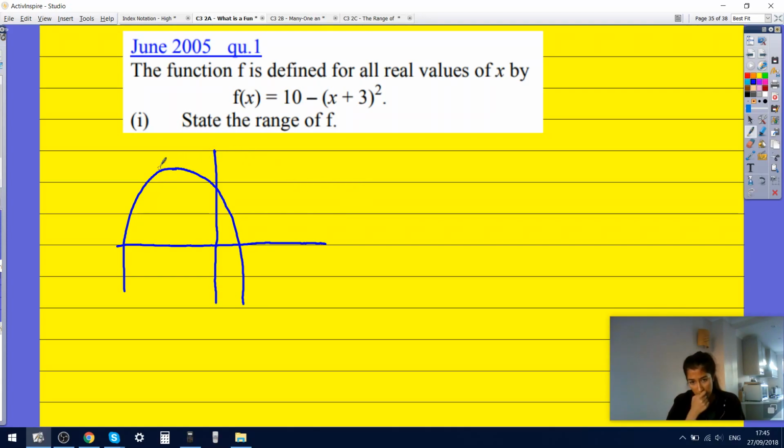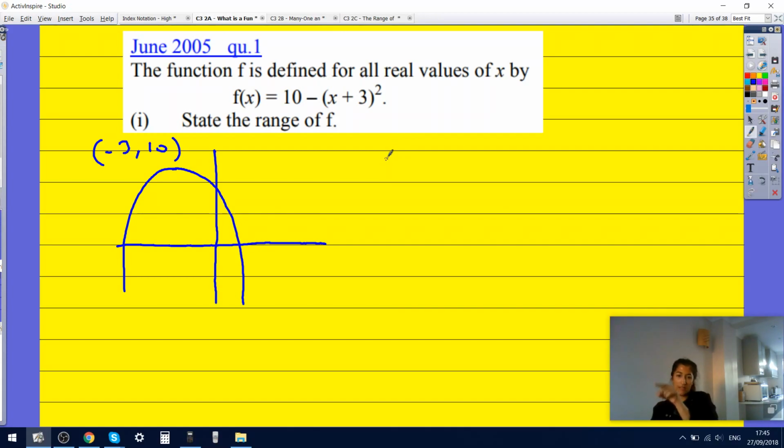Yep. Okay. And so range? Is that our range? Well, that's the maximum. What is the range? It can't be greater than 10. Right.